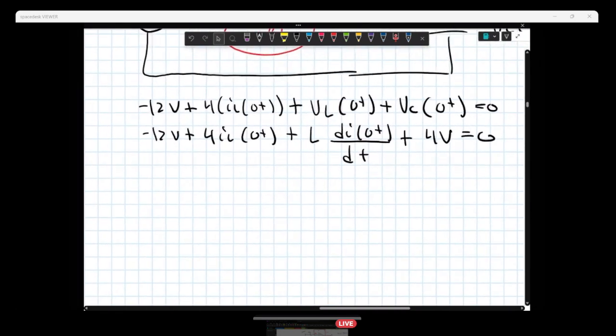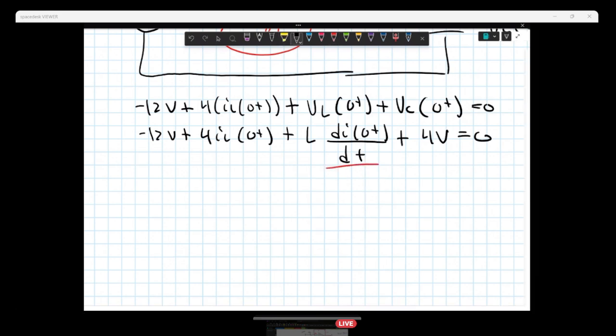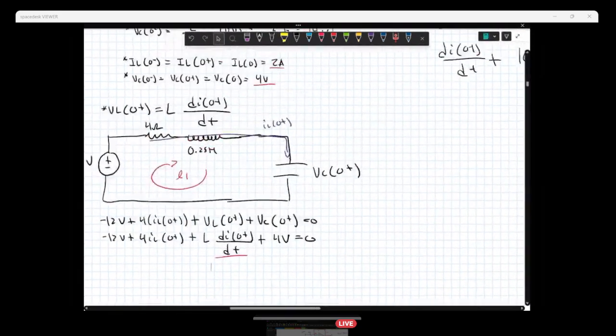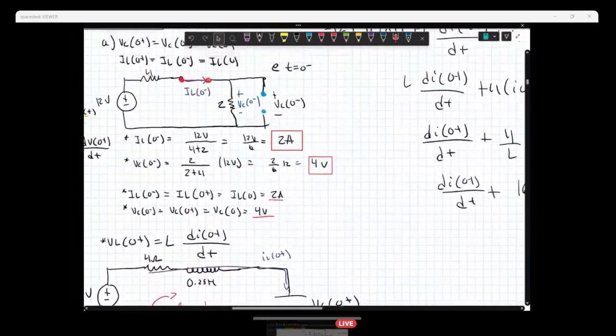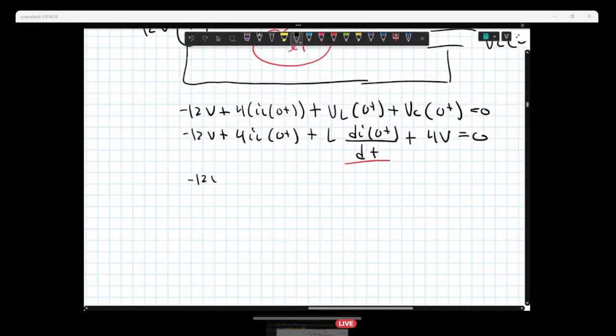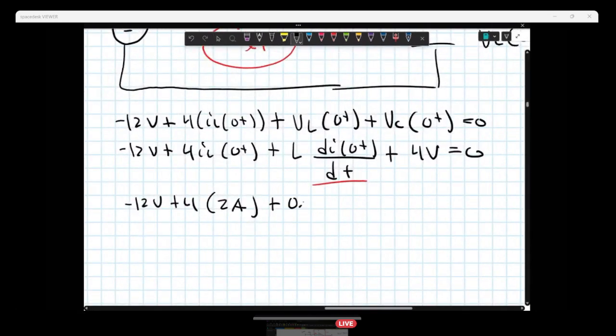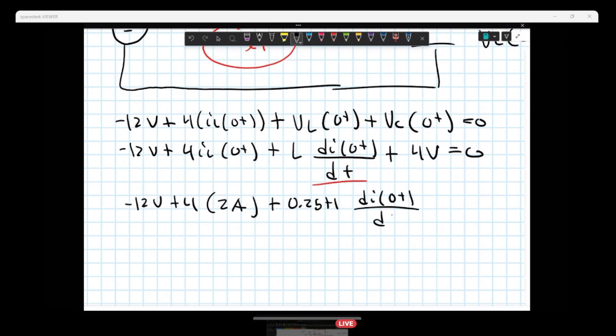Now we're going to solve for di of 0 plus over dt. This is what we're trying to solve for. We already know IL of 0 plus from before. It's going to equal IL of 0 minus, which is 2A. So we're going to have minus 12 volts plus 4 times 2A plus L, which is just the inductance, 0.25 henries, times di of 0 plus over dt, plus 4 volts equal to 0.